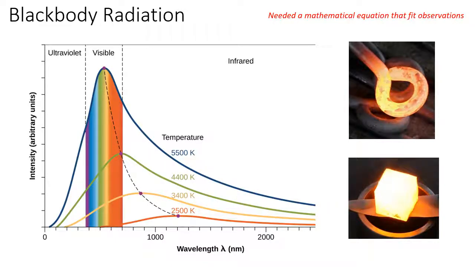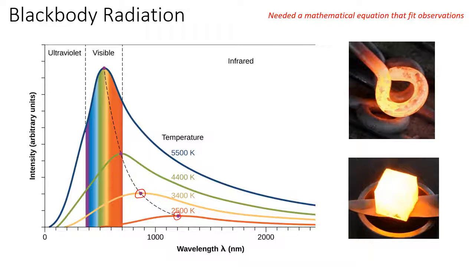The peak intensity of light emitted from a blackbody oven actually shifts depending upon the temperature of the oven. At lower temperatures, such as 2500 Kelvin, the peak intensity is in the infrared region. As we increase to 3400 Kelvin, the peak intensity shifts closer to the visible region.